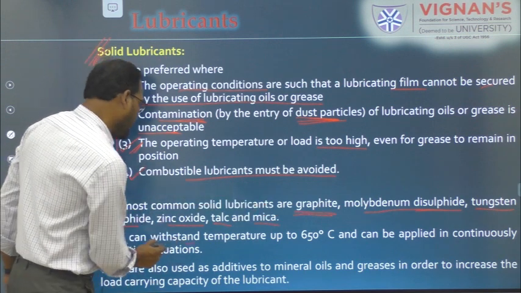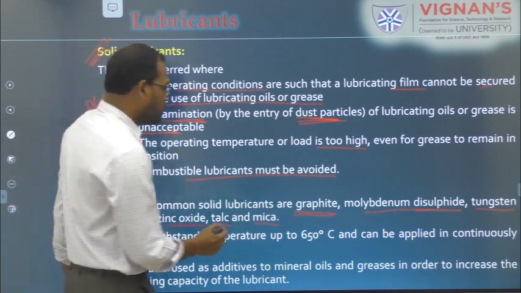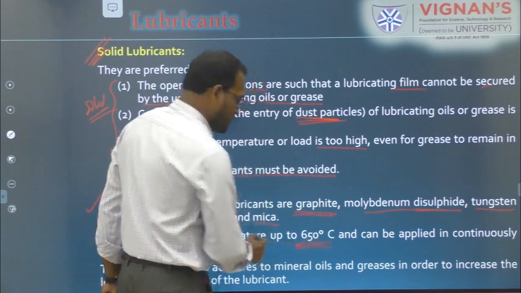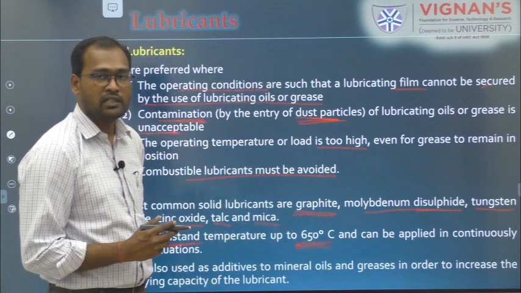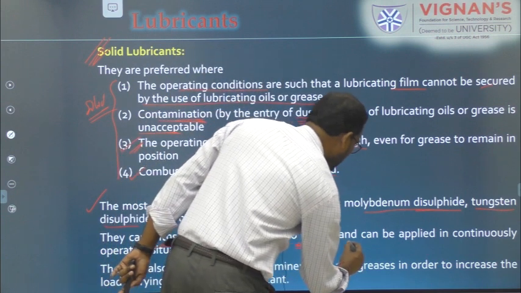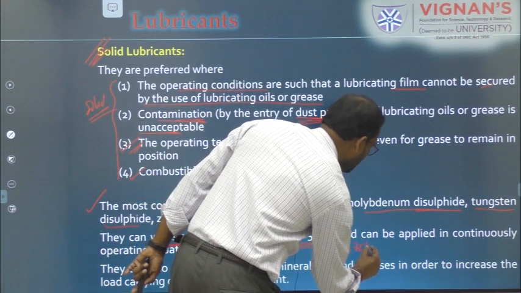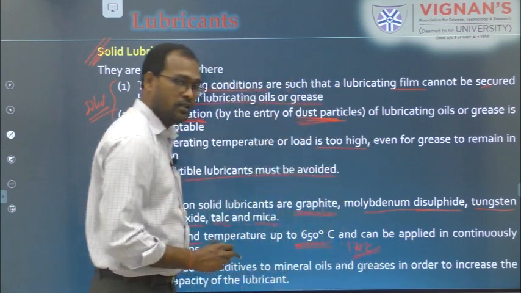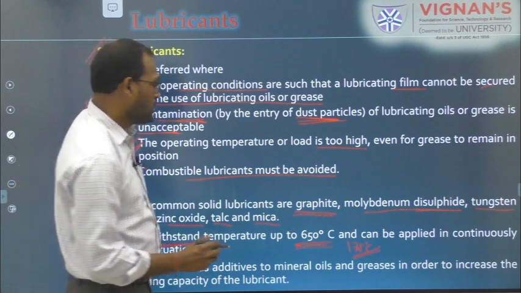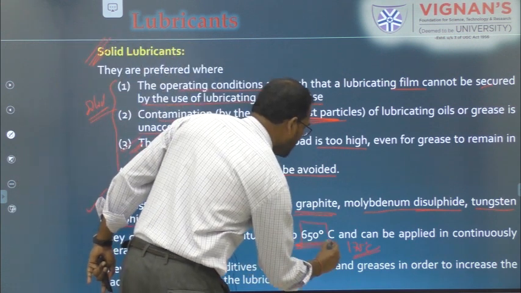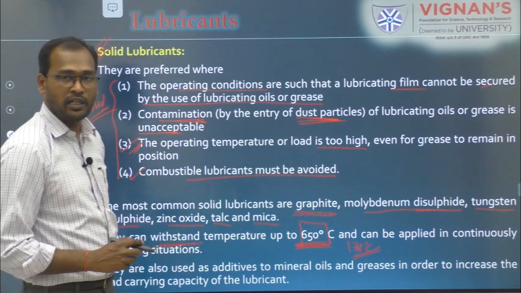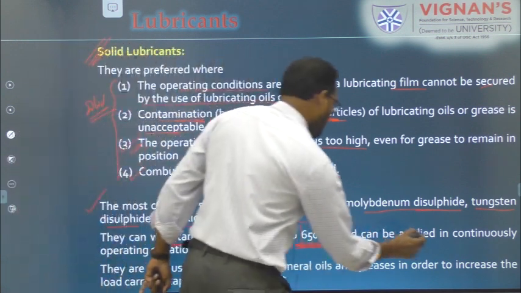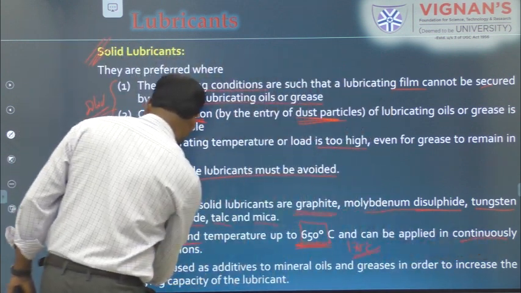They can withstand temperatures up to 650 degrees Celsius. If you recollect, grease can go up to a temperature of 175 degrees Celsius, whereas solid lubricants can go up to 650 degrees Celsius, and can be used continuously.